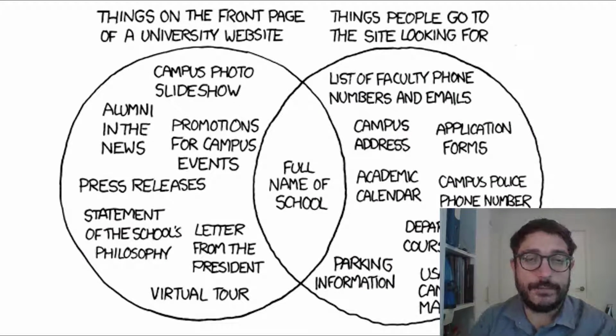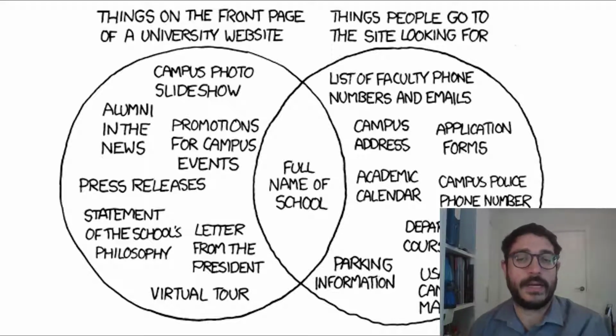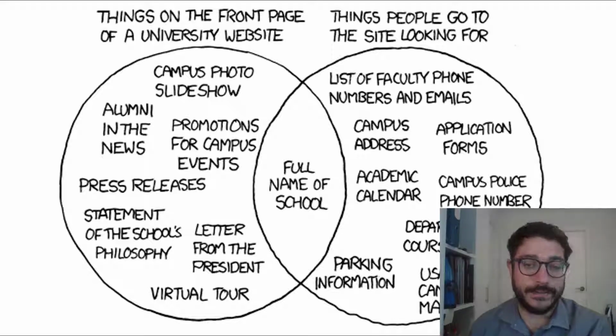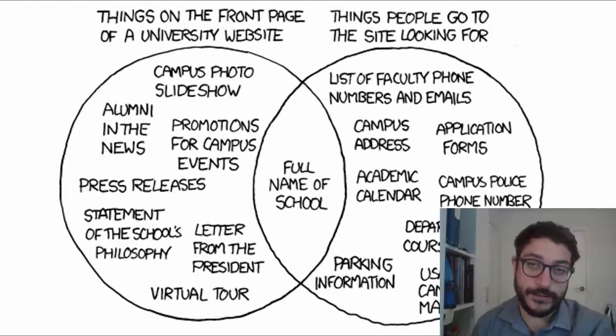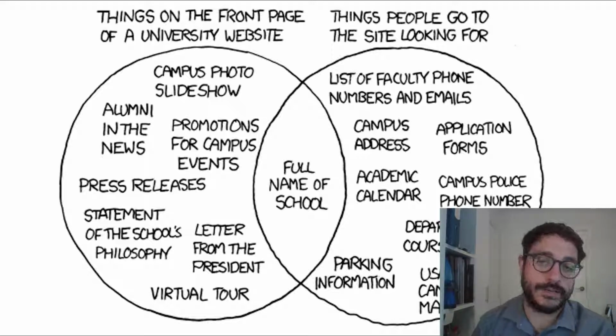And think about the website of a university. Things that are different from what you would expect versus what you actually get. So these are all the things on the front page of a university website. You'll get a campus photo, you get a promotion on campus, you'll get the full name of the school, you get a letter from the president, and all of these things.